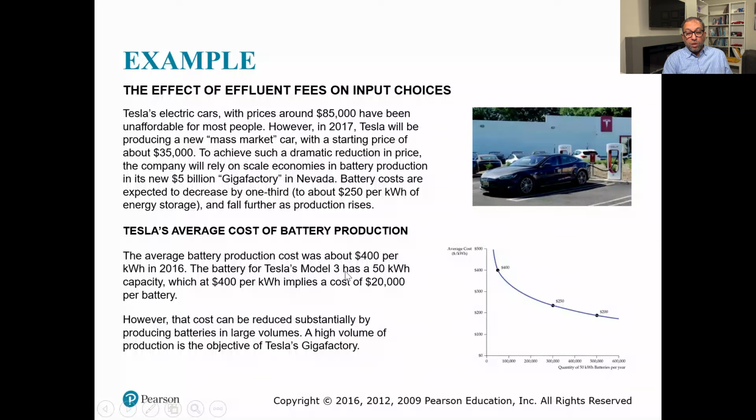The battery for Tesla's Model 3 has 50 kilowatt hour capacity, which at 400 per kilowatt hour implies a cost of 20,000 per battery. However, that cost can be reduced substantially by producing batteries in large volume, which is one of the objectives of Tesla's gigafactory.